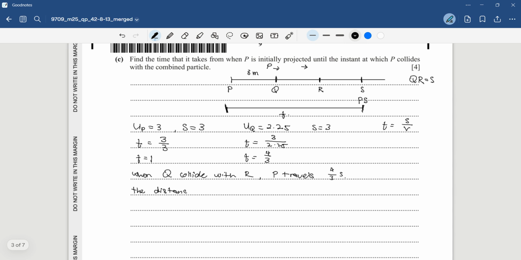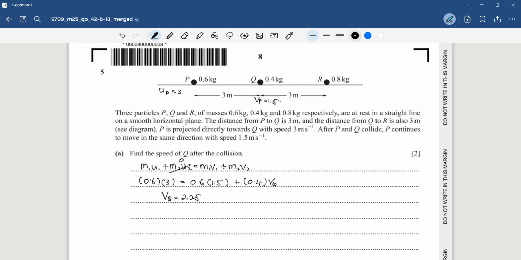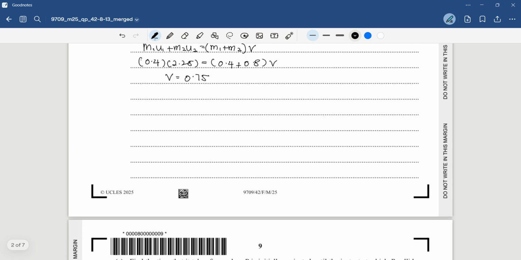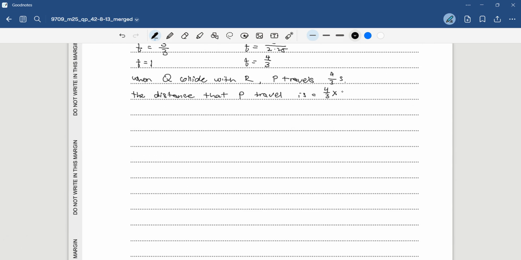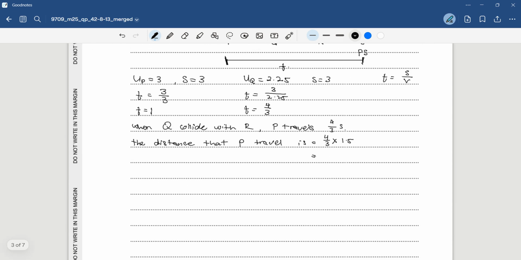The distance that P travels is 4 over 3 multiplied by the speed of P just now, which is 1.5. So distance equals vt. Therefore, you will get 3 over 2.